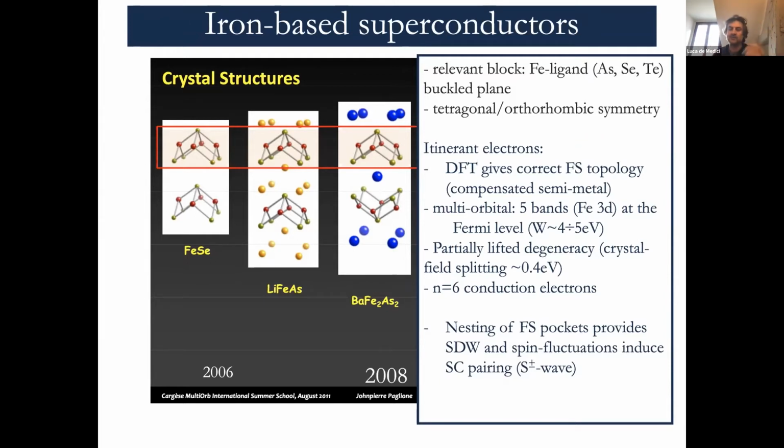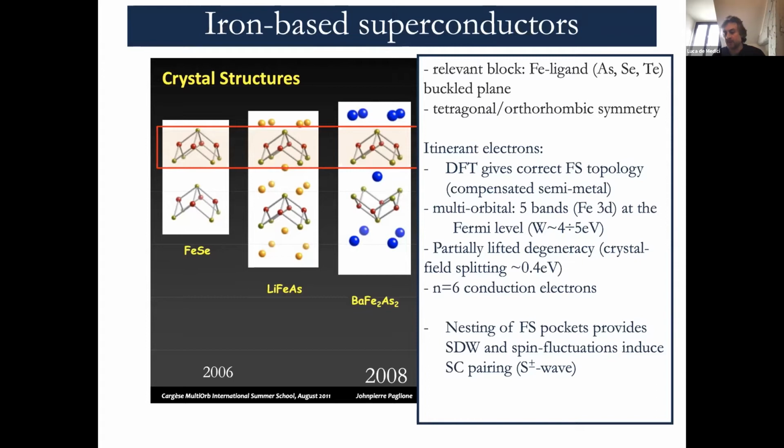That is that of a compensated semi-metal with hole pockets in the center of the Brillouin zone and electron pockets on the sides. These pockets are formed mainly from five bands of mainly iron 3d character that disperse over 4 to 5 electron volts, with some partially lifted degeneracy so that all of them participate in the low energy excitations, and they host 6 electrons in the parent compounds, and then one can dope.